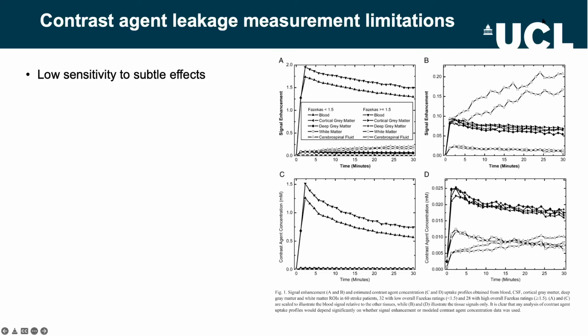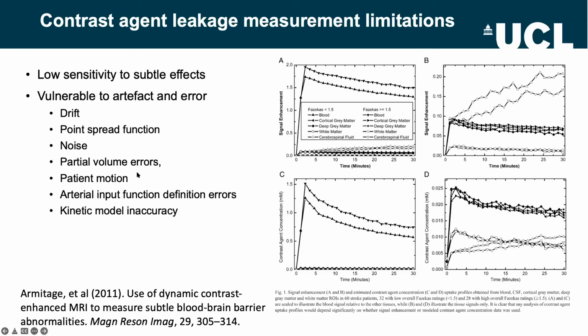And so these graphs on the right here are from a paper by Armitage et al., so not from our group, back in 2011, but it gives a really nice indication of the challenges that we experience when we try to do DCMRI in neurological conditions. The graphs on the right are showing at the top the degree of signal enhancement, at the bottom conversion from signal enhancement into contrast agent concentration.